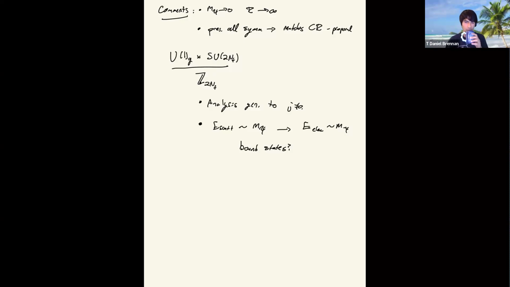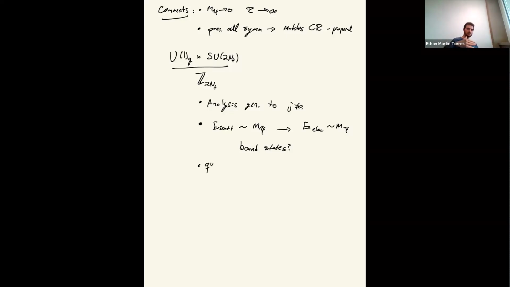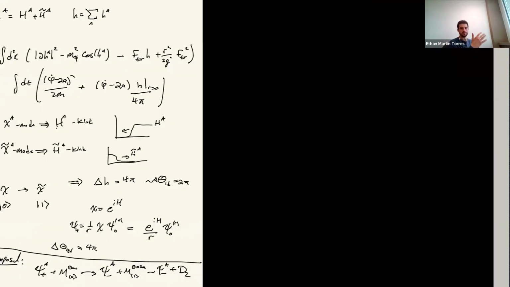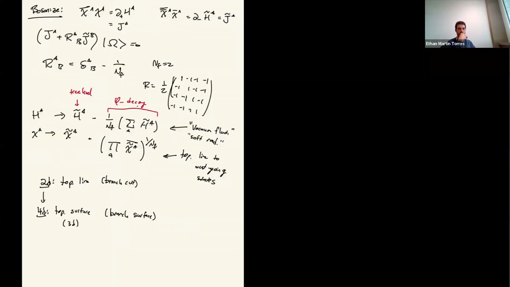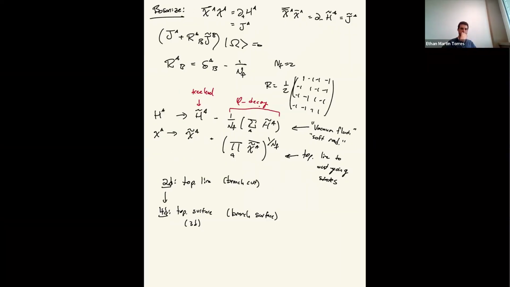Yeah, Ethan. Hi, thanks for the nice talk. This is a vague question, but what would you say is your issue with the Zohar Marike proposal of this topological line being attached? I assume it's because you want no change in the outgoing Hilbert space, but what exactly goes wrong?